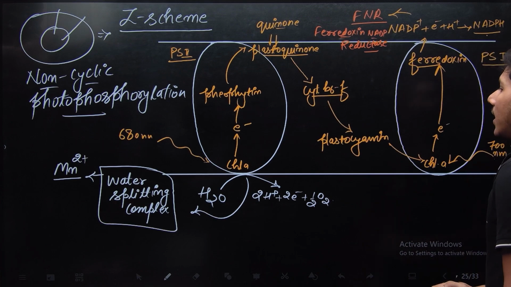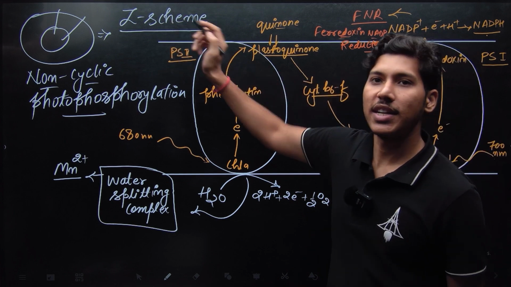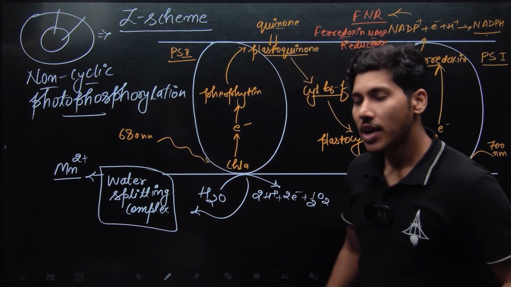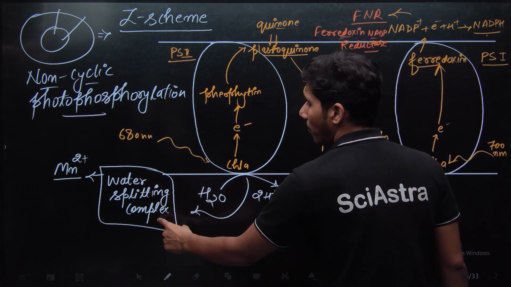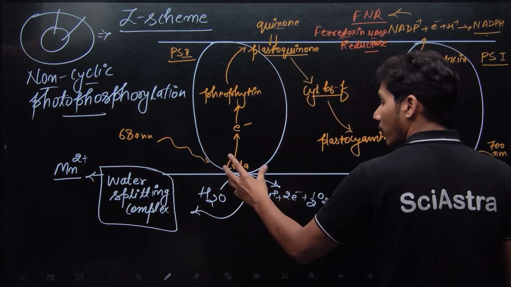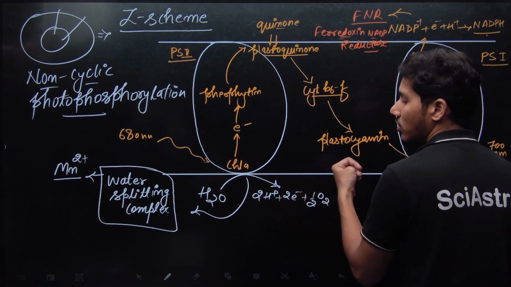And we know that it looks like a zigzag, that's why it is a Z scheme, and it's a non-cyclic photophosphorylation. And this cycle also has one thing which is known as the water splitting complex, activated by manganese ions, which are involved in breakage of water into 2H plus, 2 electrons and oxygen.